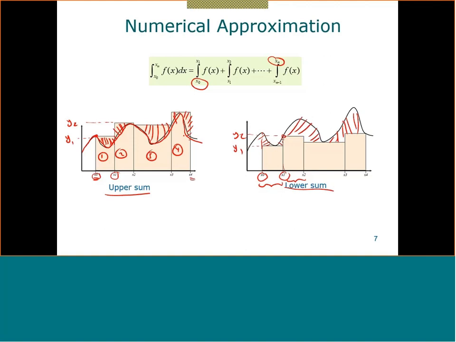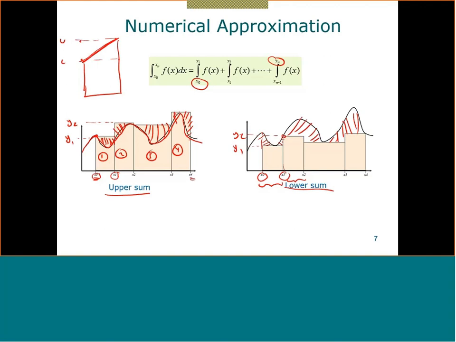So if we can somehow take the average of these two, assume this is the upper limit and this is the lower limit, then instead of taking the lower limit or the upper limit, I will take the average. So the area will not be a rectangle, but a trapezoid, something like this.